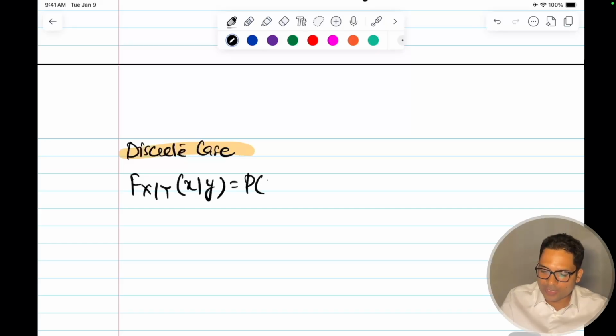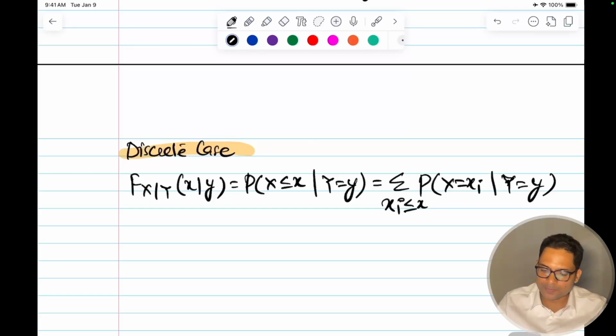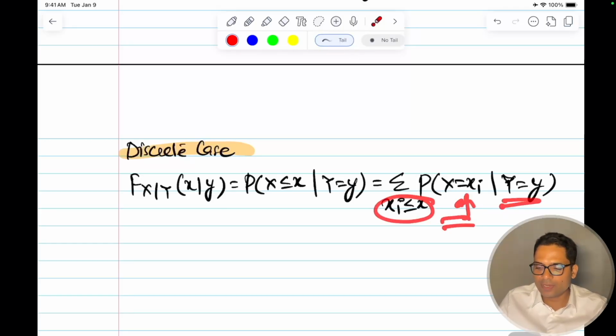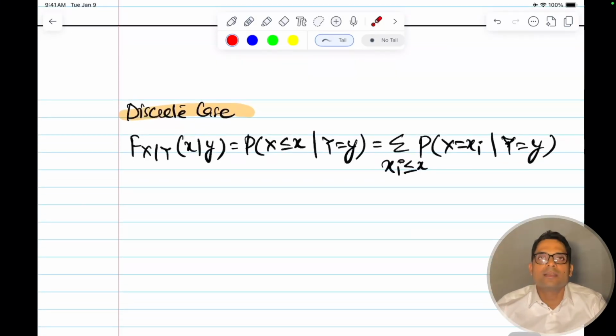So this is probability of X less than or equal to x given Y is equal to y, where y is fixed. This is equal to the summation over xi less than or equal to x, only one summation, of probability X is equal to xi given Y is equal to y. So all the possible values of X, given Y is fixed at y. That has happened. The universe has changed, and this is my limited set now.